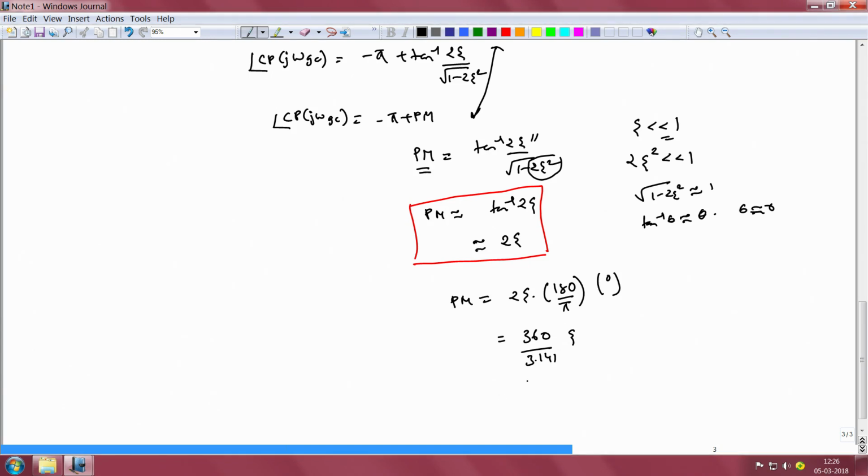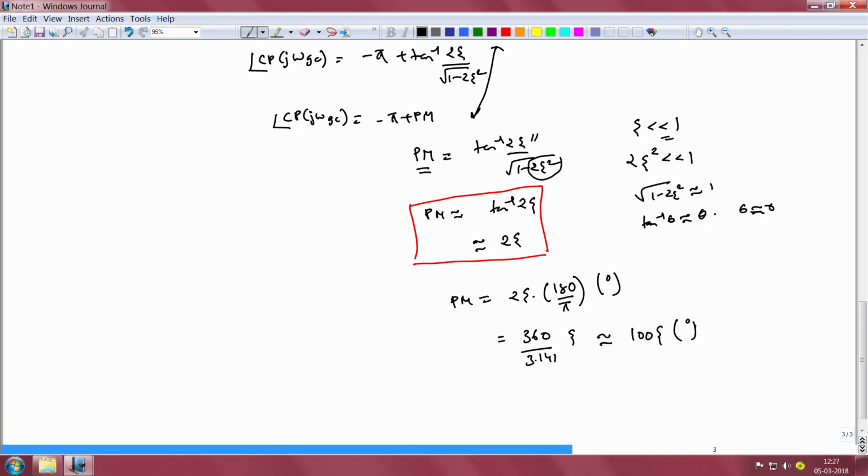This can be simplified a little bit further to make it easy for us to remember quickly what the relationship between the phase margin and zeta is going to be, by noting that 360 by 3.141 is approximately equal to 100. So, therefore, the phase margin is approximately equal to 100 times zeta when the phase margin is represented in degrees.